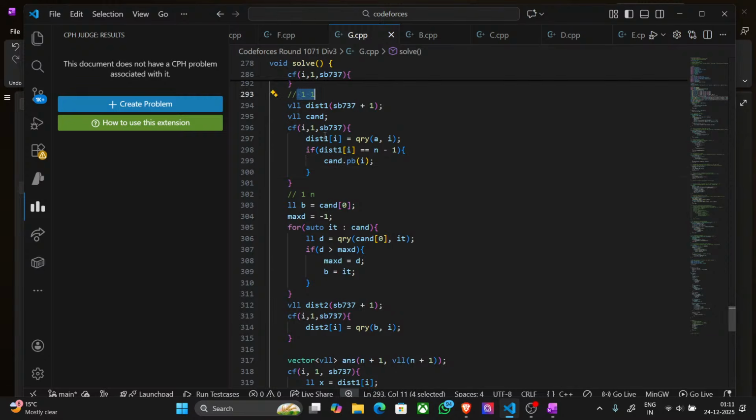So this means you will get all the points which are perpendicular to 1. So in this candidate array, anything which is not clear?